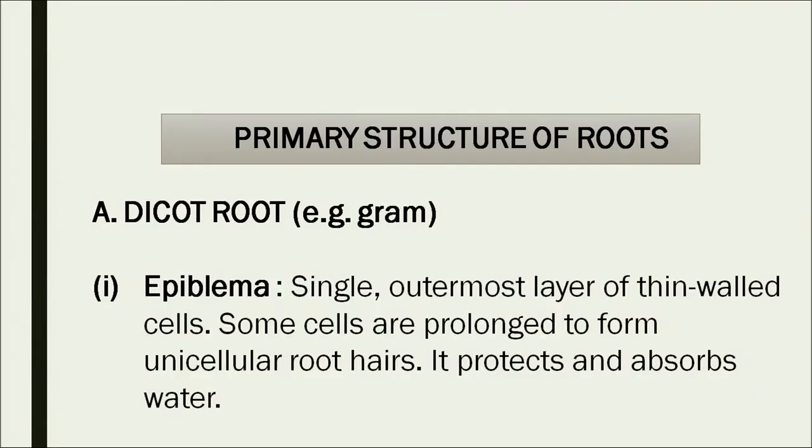Now let's talk about what is the inner structure of these roots. So, what kind of tissues make a root? We will talk about dicot roots and monocot roots, and we'll try to understand the difference between the two types of roots. So generally what we do is we take a root and cut it transversely, take a very thin slice of the tissue and try to see it under a microscope.